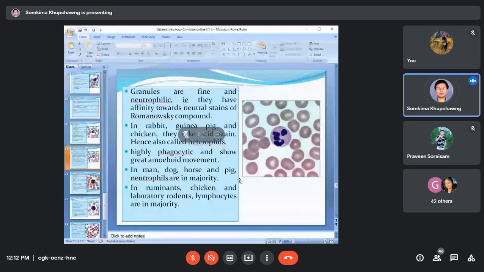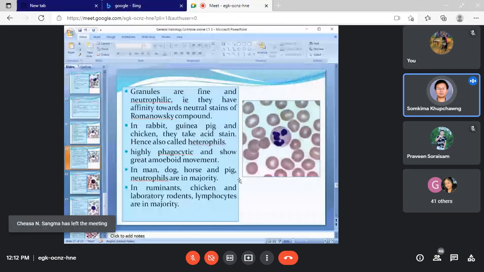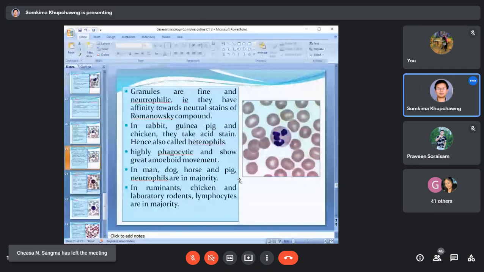But there is a slight difference in the case of rabbit, guinea pig, and chicken, where they take the acid stain, so the reaction is a bit different, and they are known as heterophils. So don't get confused between neutrophils and heterophils.